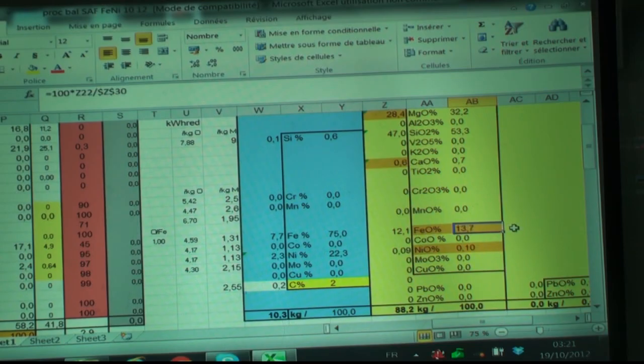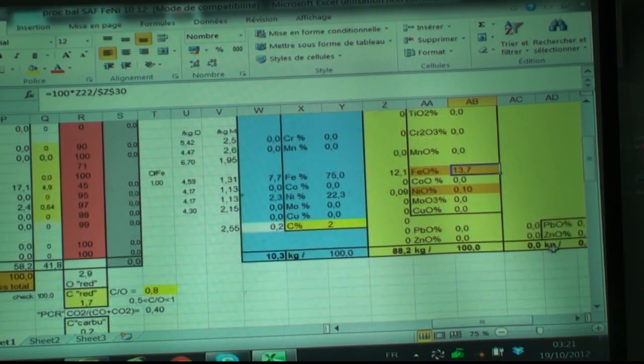No, it's okay. I was confused. It's not the iron, it's FeO. Yeah, FeO. That's correct. And you see, okay, here we have 0.1% NiO. Okay, this is already a bit high.